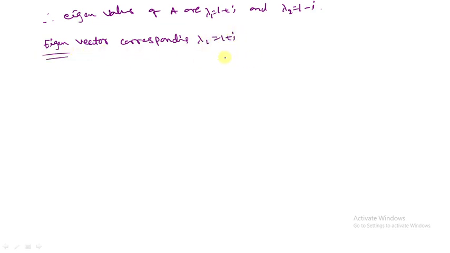X is the eigenvector, so A minus lambda I, with lambda equal to 1 plus i, into x equals 0.